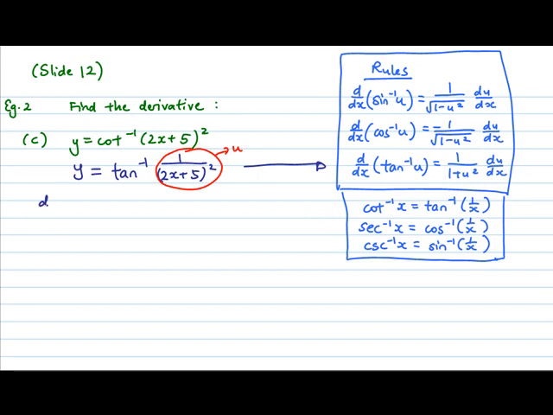So let's start. To differentiate tangent inverse is this formula. So I have 1 over 1 plus u squared. Then differentiate u.